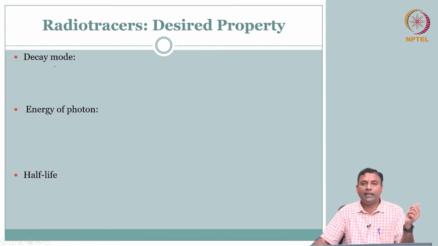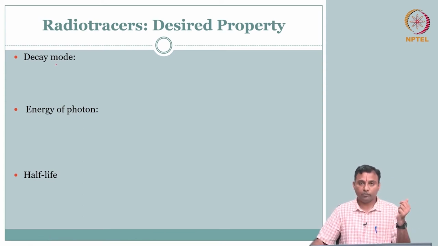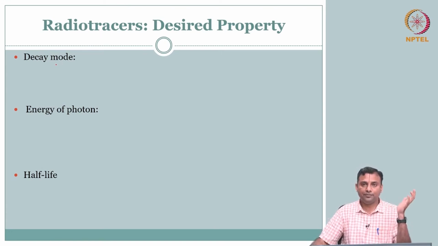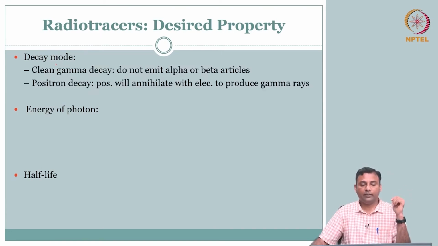One is decay mode. What do you think about the decay mode? The radio tracer should undergo decay, which is good for medical imaging. I don't want particulate, I don't want alpha, I don't want beta. What do I want? I want gamma or positron, so clean gamma decay.